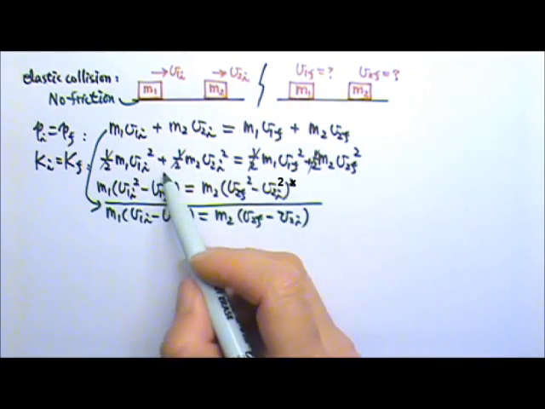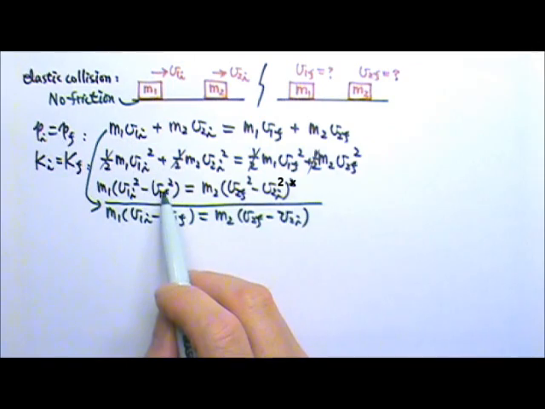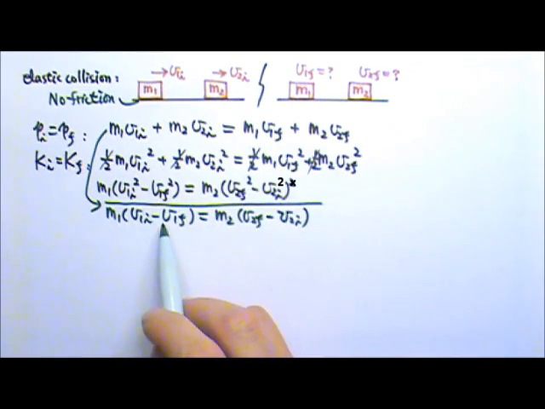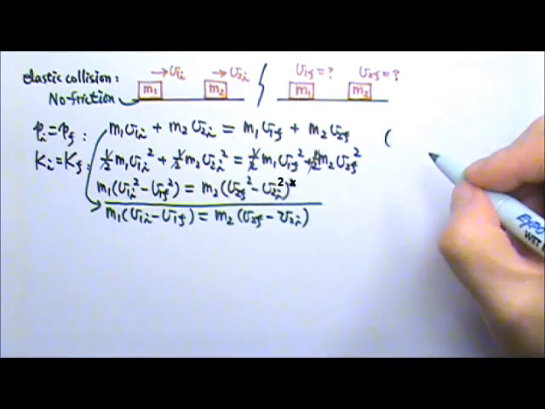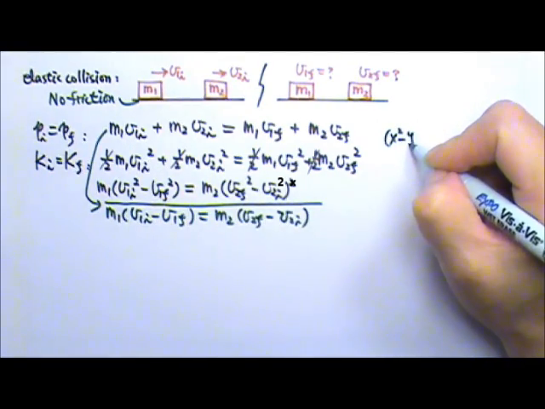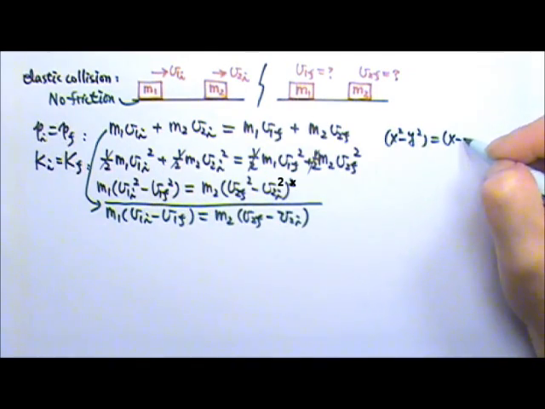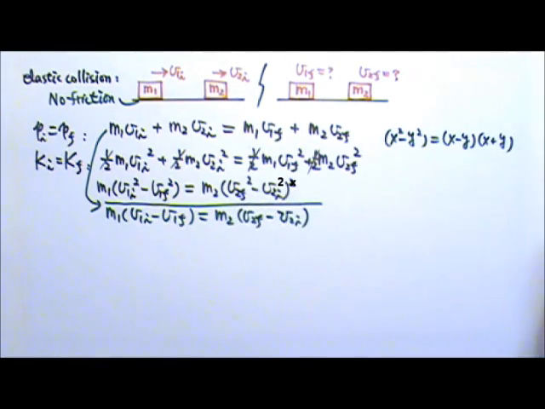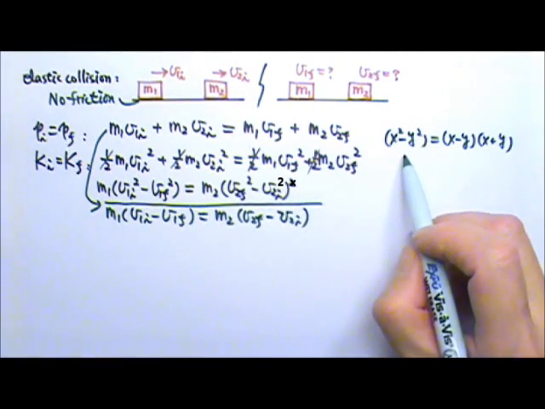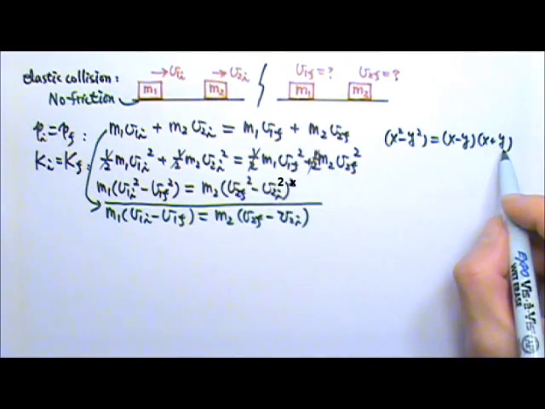And what do you think this will give us? This is like x squared minus y squared divided by x minus y. If you remember from your algebra class, you may have learned this: x squared minus y squared equals x minus y times x plus y. So x squared minus y squared divided by x minus y would equal x plus y.